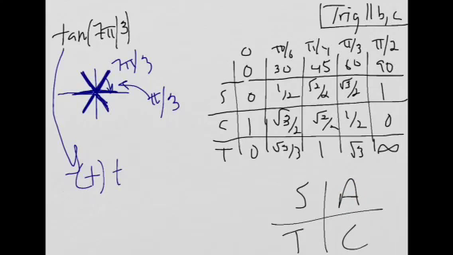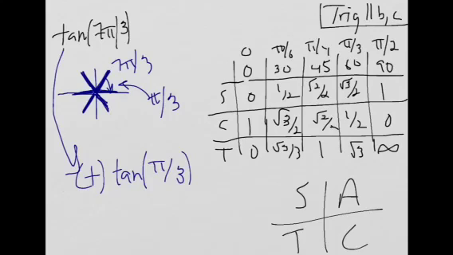Put it in parentheses, tan of... I know that they're all positive, I know that it's in this quadrant, I know that my reference angle is pi over 3. So I just take pi over 3, and that goes in right here, it replaces this 7 pi over 3, because you can clearly see that they land at the same place. So I get pi over 3.